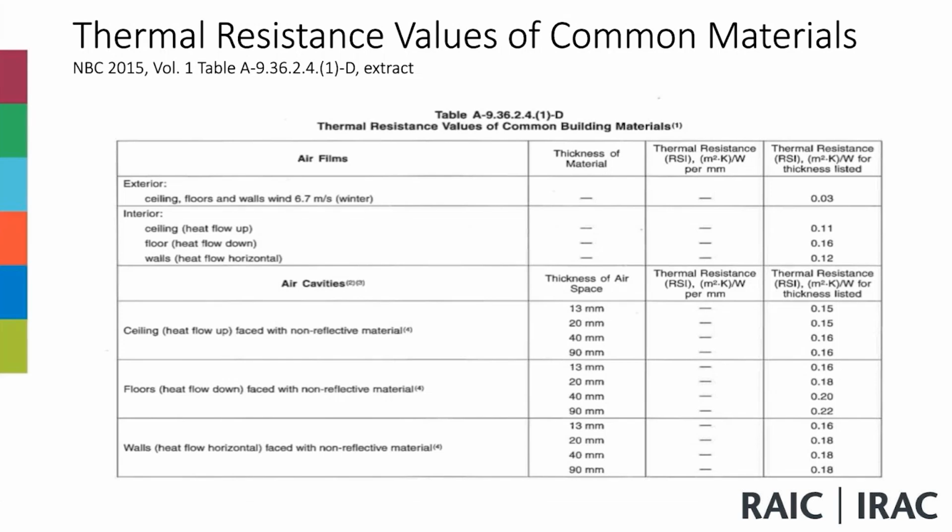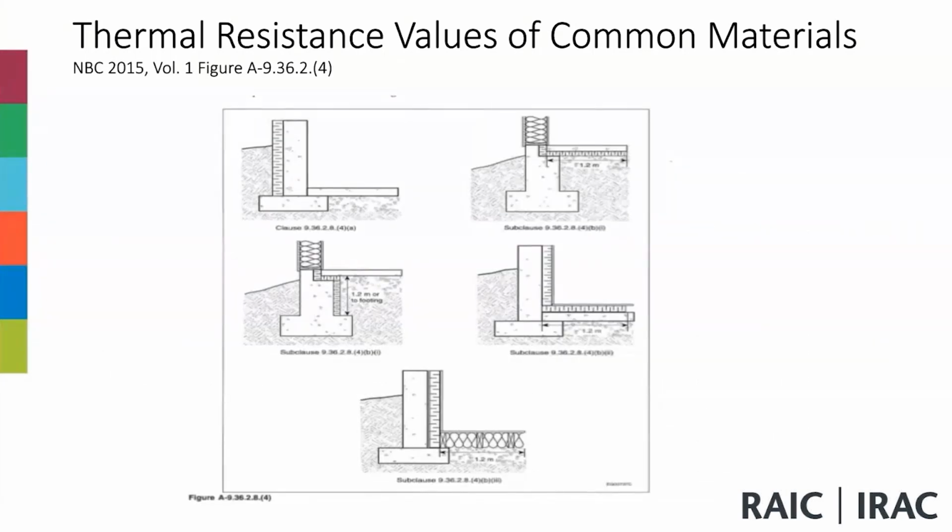So that's from the notes in Part 9, at the end of Part 9. This is illustrations of how you install insulation on foundations. So it relates to 9.36, where the insulation is to be used depending on the depth of the foundations and the footings.